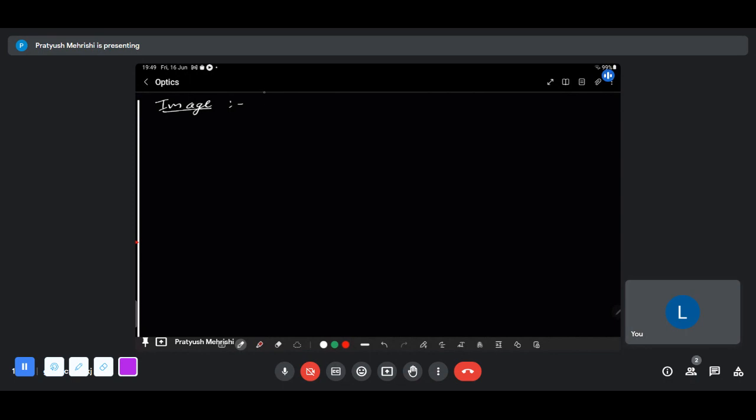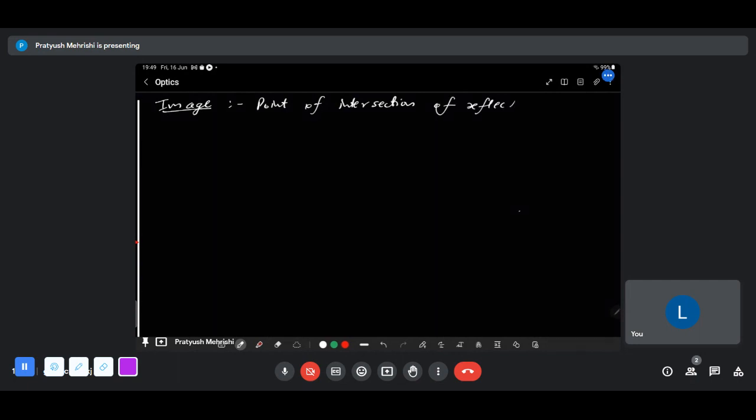Image is the point of intersection of reflected rays, in case of reflection, or refracted rays in case of refraction.